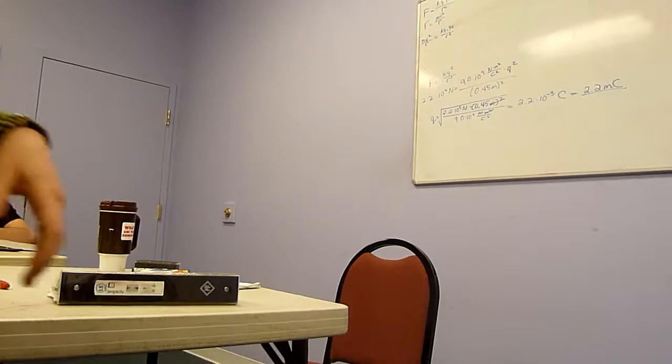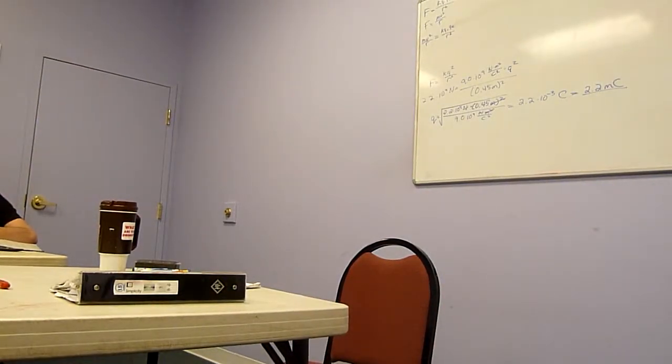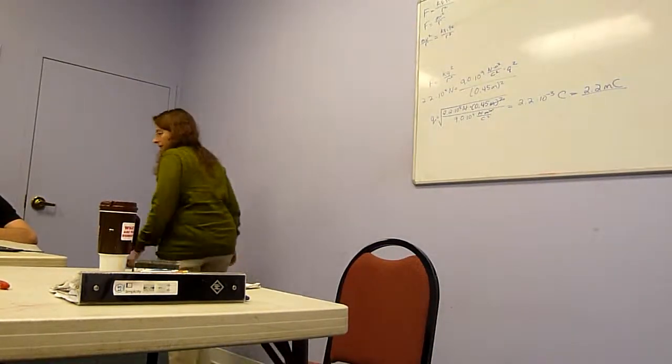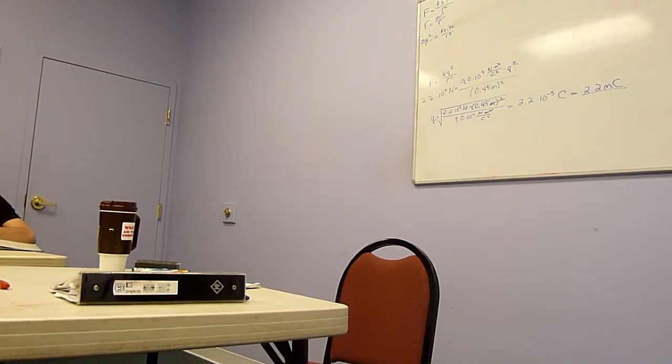So this is how it's supposed to look, right? 2.2 times 10 to the 5th, 0.45 squared. Oh yeah, that might be my problem. That was a problem. Okay, that's 2.2. When I cancel out the meters squared, I'm not canceling the square for the 0.45. Hit EE and then hit a 5.